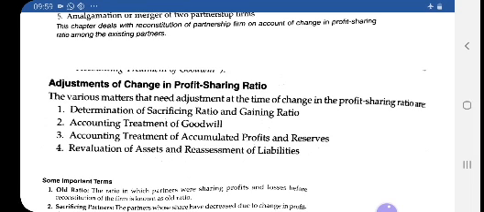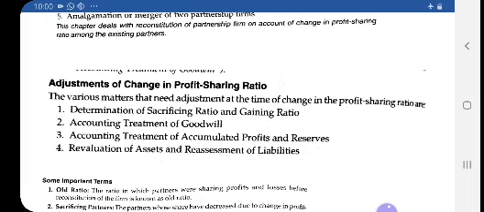Now the fourth adjustment is if any change in the value of assets and liabilities takes place. In that case, we prepare a revaluation account, which we have already discussed. What is the nature of the revaluation account? It is of nominal nature. On the debit side, if there is a decrease in the value of assets and an increase in the value of liabilities, those items appear on the debit side.